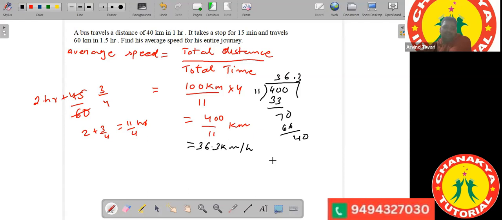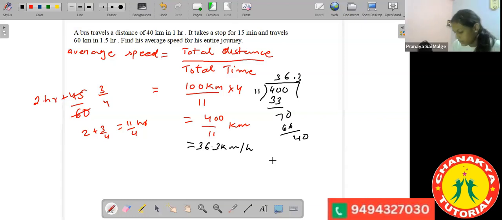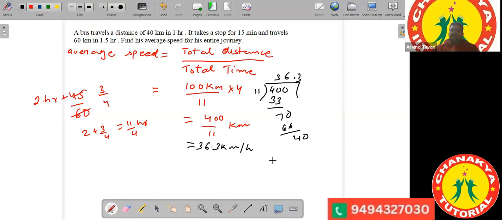So how much are you getting? I think it's supposed to be 2 point something, sir. I probably did a calculation mistake. If you multiply this 36.36 by 5 by 18, you get 2 point something, and 2 into 5 will become 10 point something. You're getting 10 point something meters per second. So you just need to check your calculation.